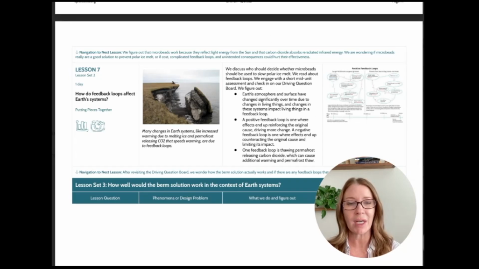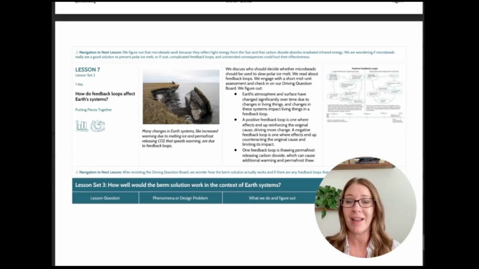A transfer task is when the science ideas that have been developed so far in the unit are used in a new context. And so the new context is permafrost thaw. They're given an example of this permafrost thaw, and we are going to explain how this is affecting the original change in a feedback loop.